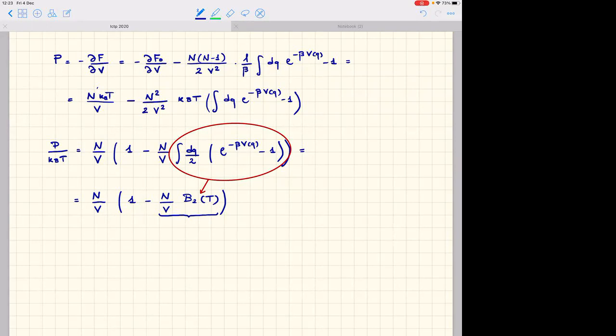So when the density is very, very small, I can neglect this second term, and I'm left only with the equation of state of the ideal gas, as I told you many, many times in this course.